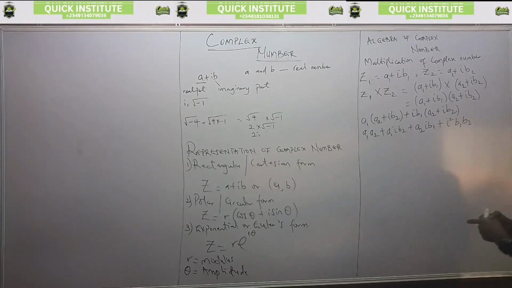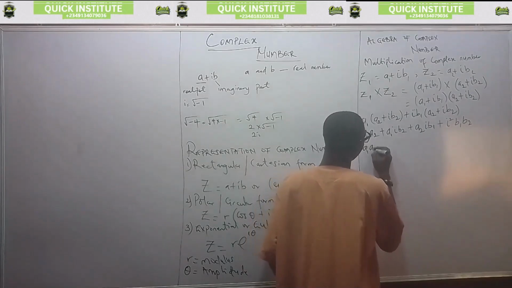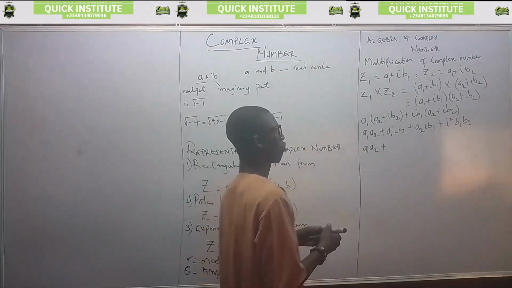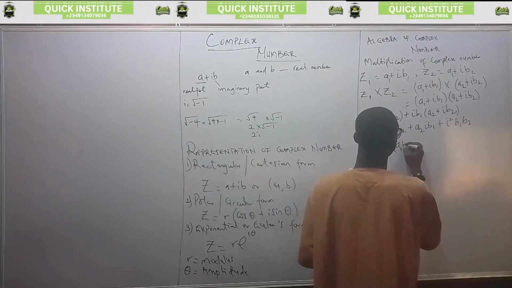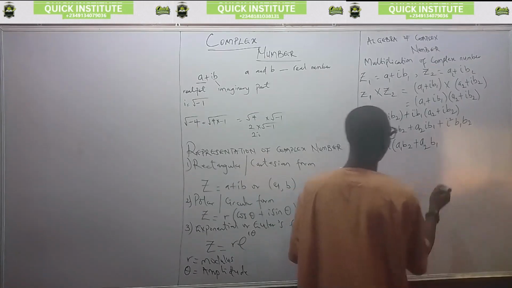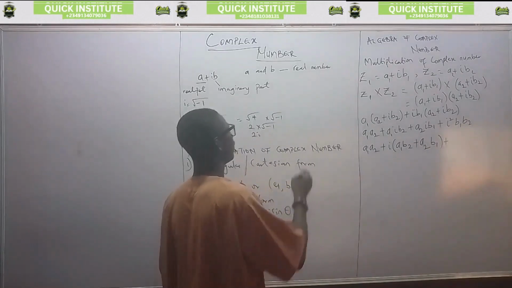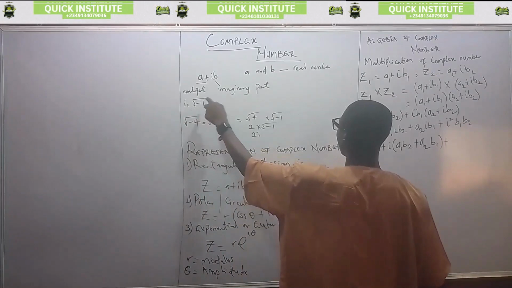So from here you have a1 a2 plus, you can factorize i here, i times a1 b2 plus a2 b1, plus, remember that I said i is equal to root of minus 1.